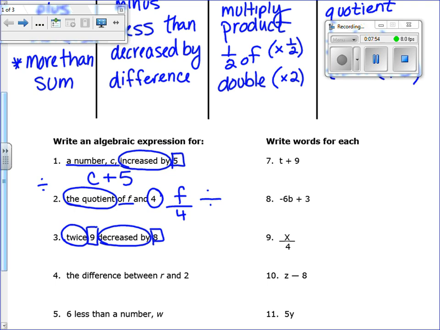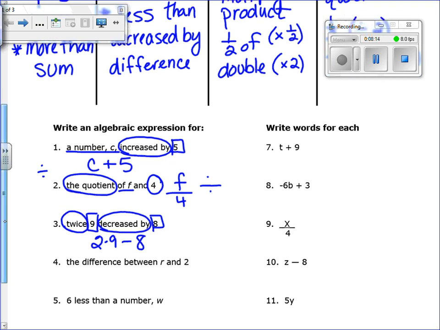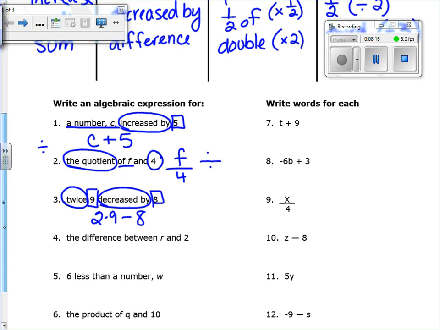But I can still write 2 times 9 decreased by, that's what twice means. Remember, twice means times 2. Decreased by minus 8. All right, once we can identify the words in our sentence, then we can go ahead and solve it much simpler.